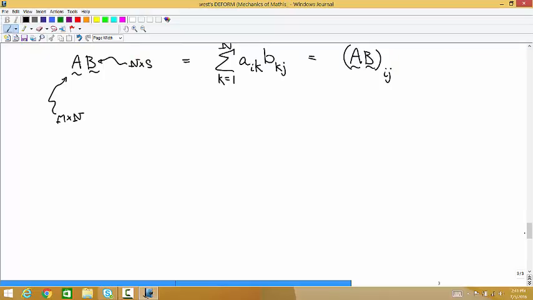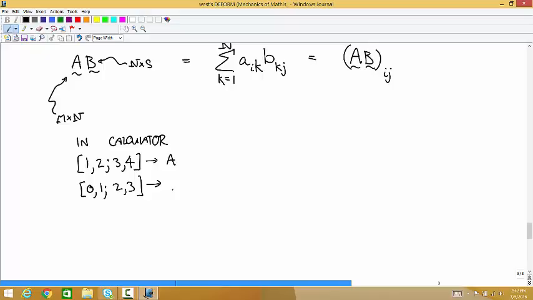So in your calculator, you can go like 1, 2, 3, 4. Store that in the variable A. Have the second one be 0, 1, 2, 0, 1, semicolon, 2, 3.